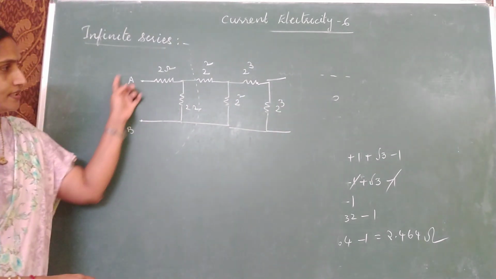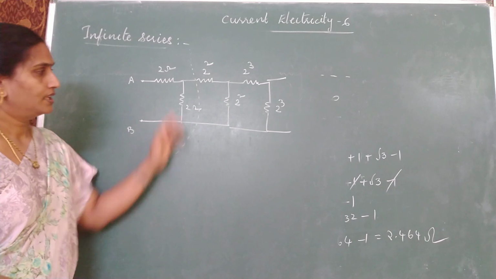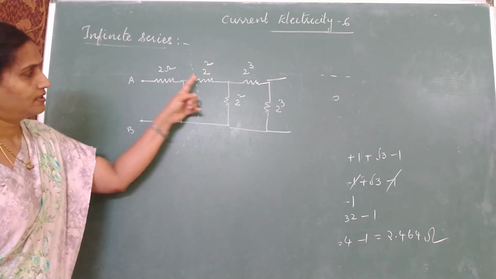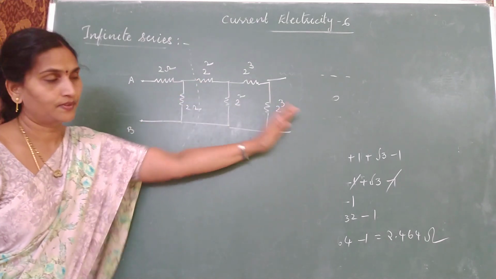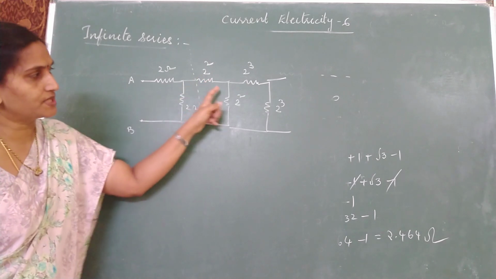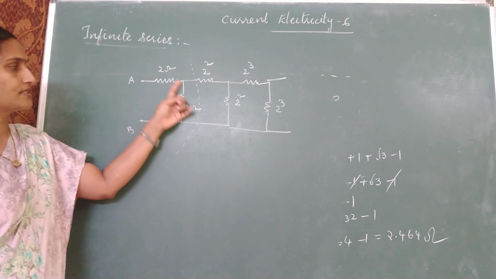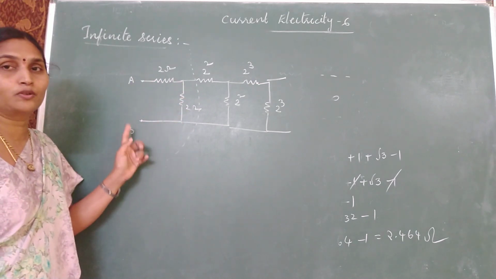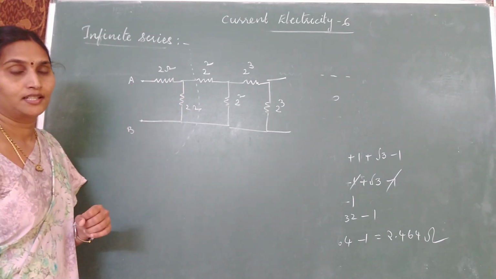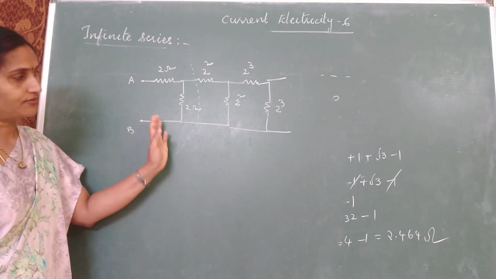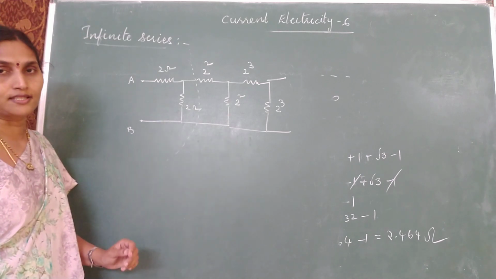Again I repeat, this is the primary circuit. Leave one branch, this will be your secondary. If you take 2 common from the secondary circuit, the remaining part is the same as the first circuit but multiplied by 2. We will use this logic for finding the equivalent resistance.